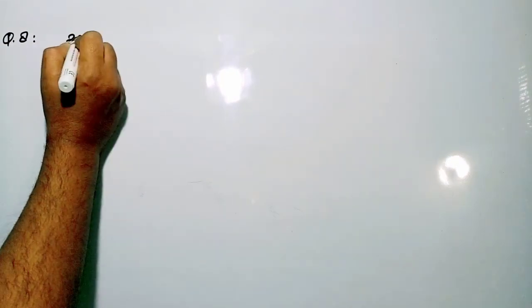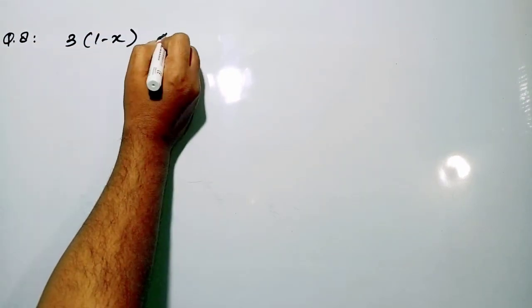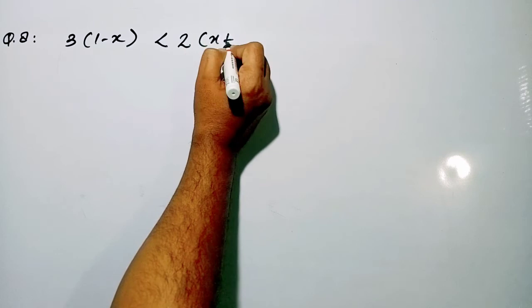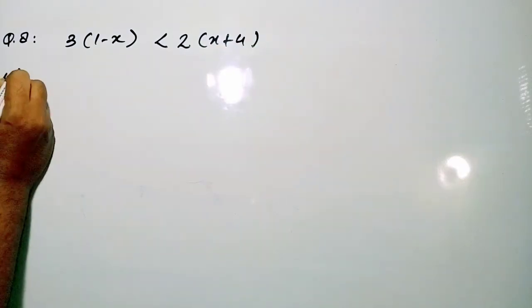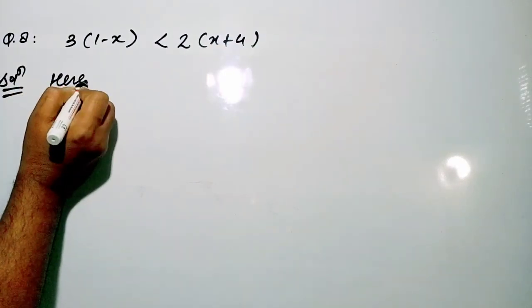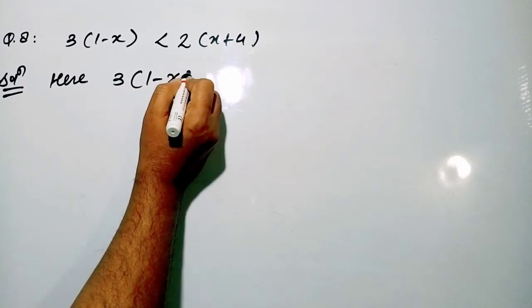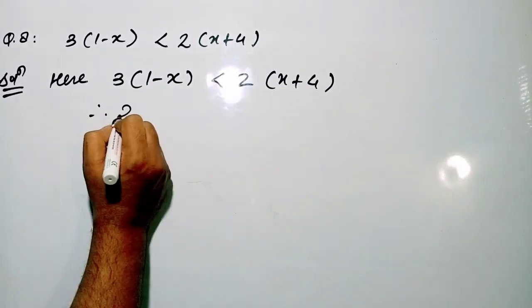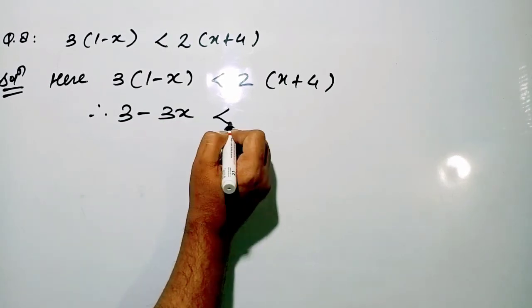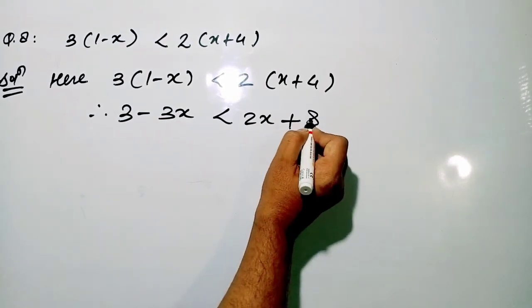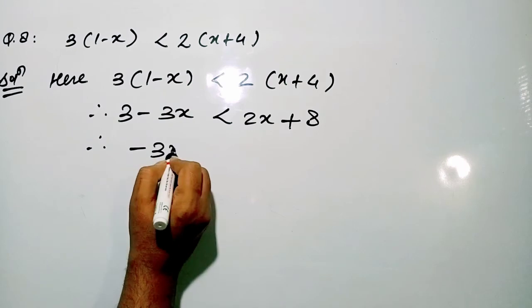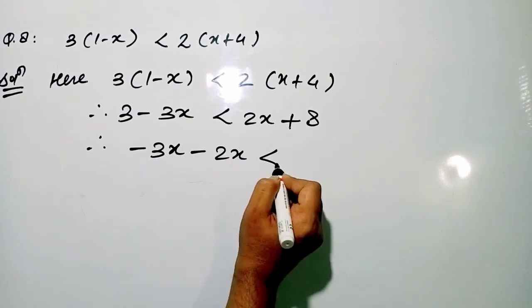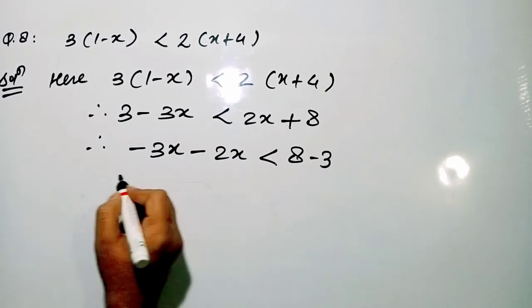Now moving to the next question: 3(1 - x) < 2x + 4. Here 3(1 - x) < 2x + 4. So opening the bracket, 3 - 3x < 2x + 4. So separating the like terms, -3x - 2x < 4 - 3.